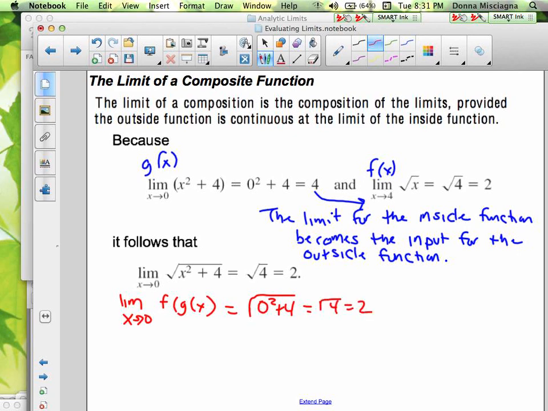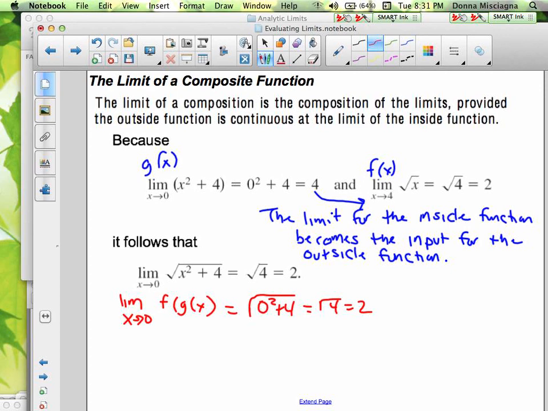So we can break up a composite, do the inside function, and plug that into the outside function. Sometimes it's easier for certain problems. Remember, back a few pages, we knew the values of the limits but we didn't know the functions. We can find the limits of composites the same way by using our properties.